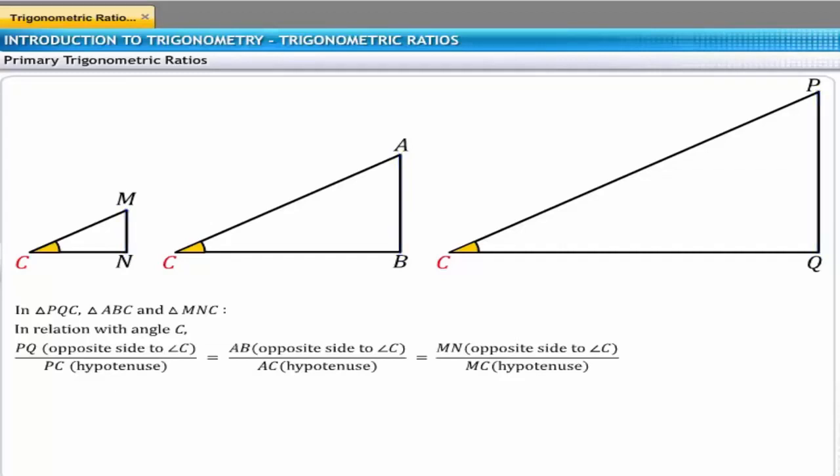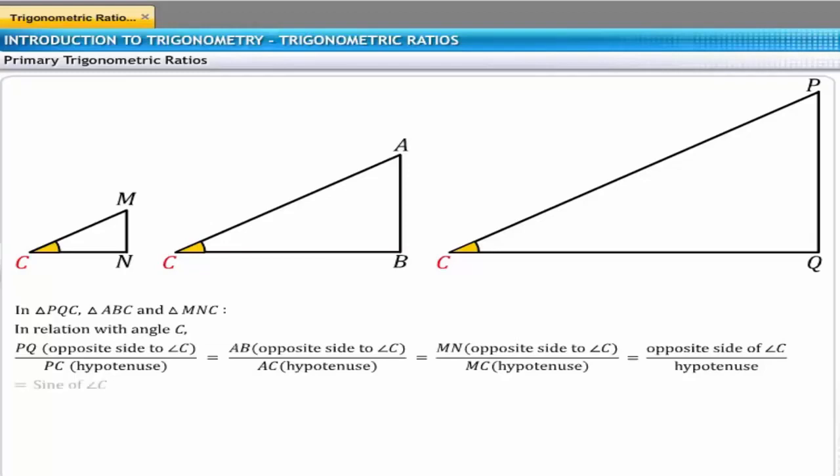Thus, we can see that, with respect to angle C, the ratio of the opposite side and the hypotenuse for all the three triangles are constant. This constant ratio can be written as opposite side of angle C divided by hypotenuse. In trigonometry, this ratio is given a name.